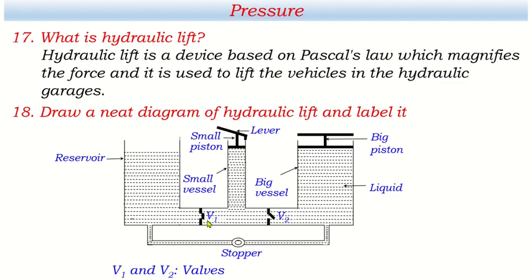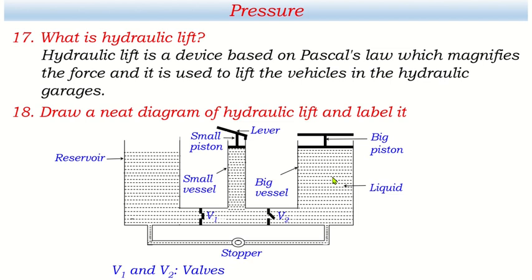It is designed in such a way that both the valves open to the right hand side. It is like a door, and because of the pressure valve V1 remains closed but V2 opens and pressure transmits to the big piston.